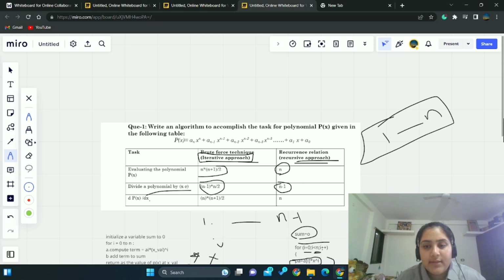This is how many times the function will recurse. The iterative approach for p(x) and its derivative will be n into n plus 1 by 2, similar to the polynomial, and the recursive relation is also similar to the polynomial.